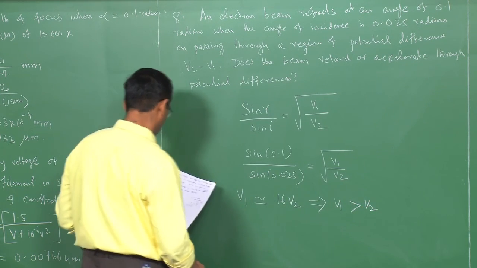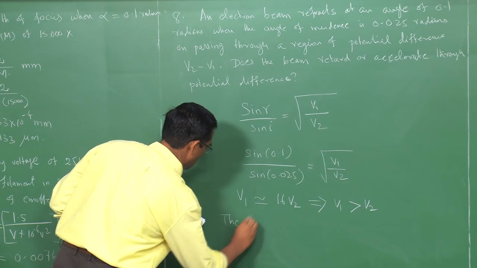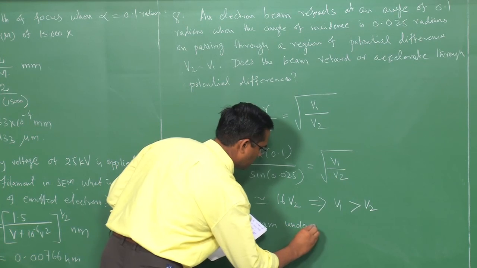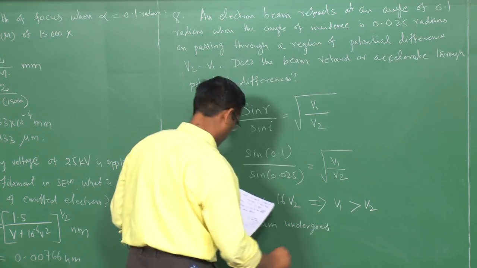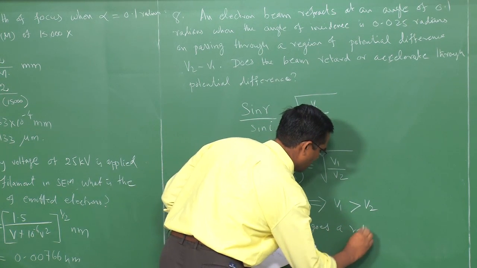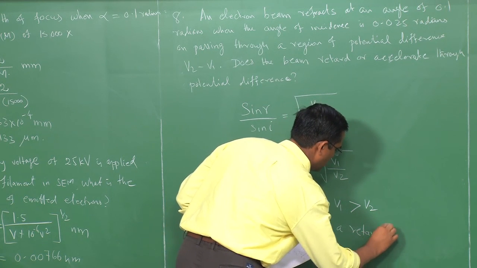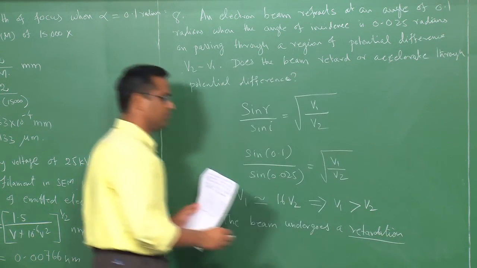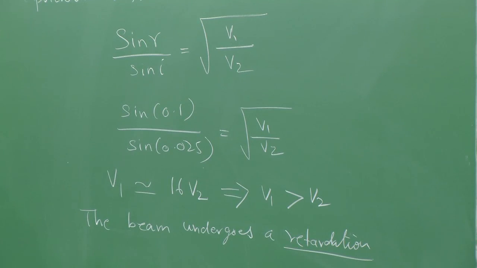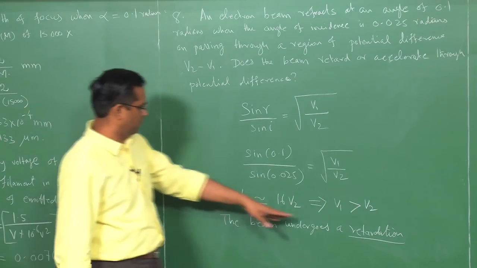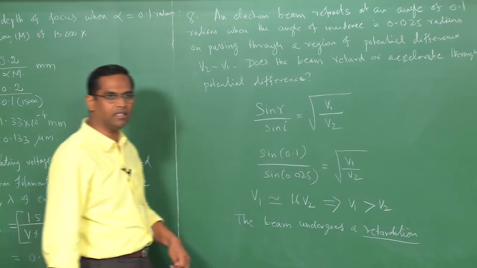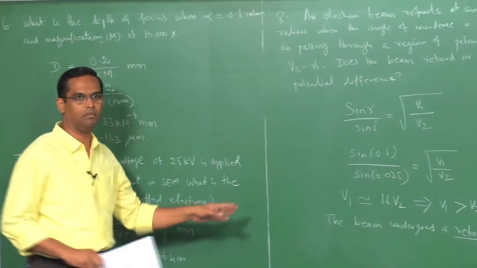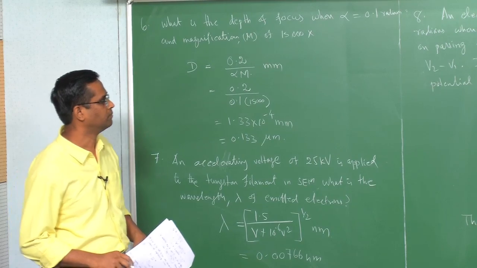So, then what happens? The beam undergoes retardation. So, that is what we will see: when V1 is greater than V2, then the beam will undergo retardation.